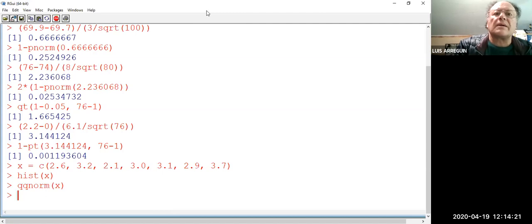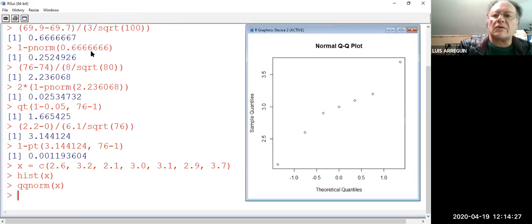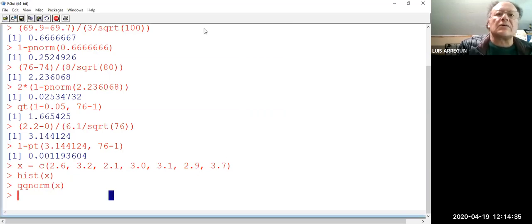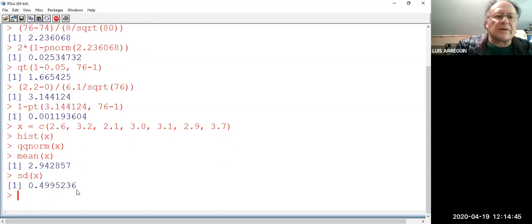And let's see what happened here. My window shows now that it's almost a straight line. So there is normality. So now we're going to need to compute the mean and the standard deviation of the sample. So that's the mean, and that's the standard deviation of the sample.